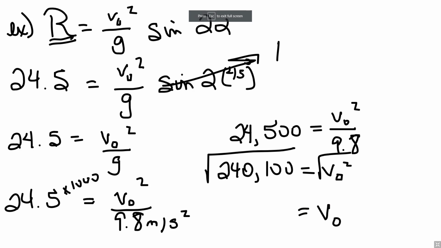So what would v sub 0 be? Yes, 490. And what will my units be? Meters per second. Yes, meters per second. Okay.